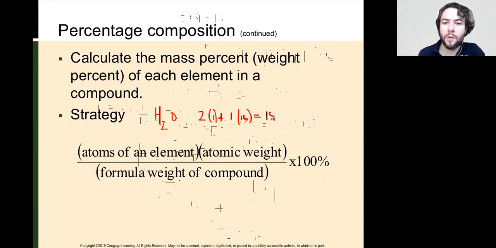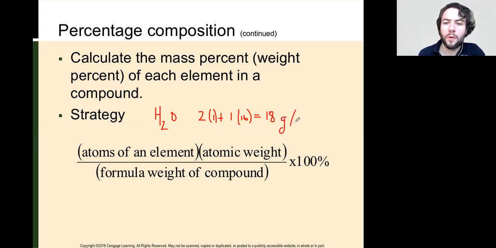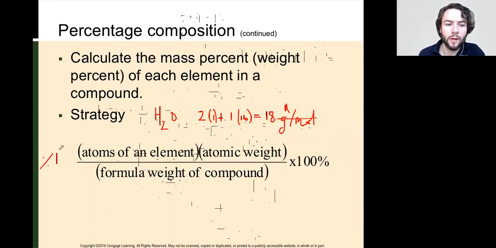So our formula weight of water is going to be 18 grams per mole. Or sorry, no, it's not. It's going to be 18 u.